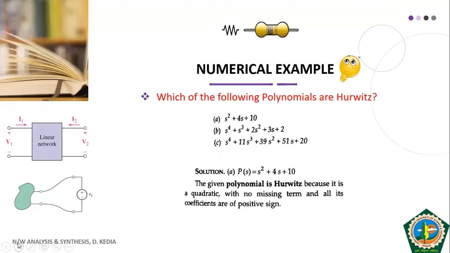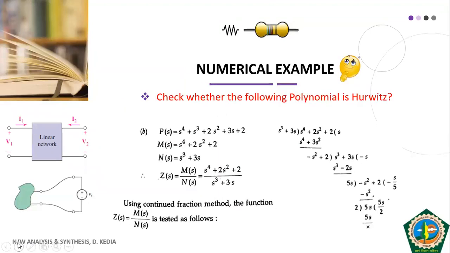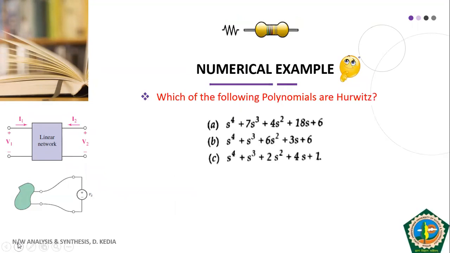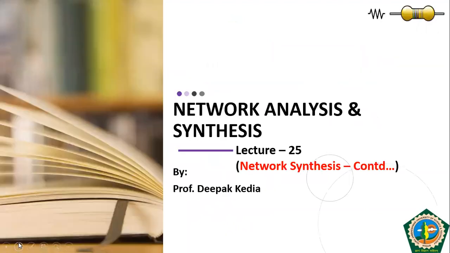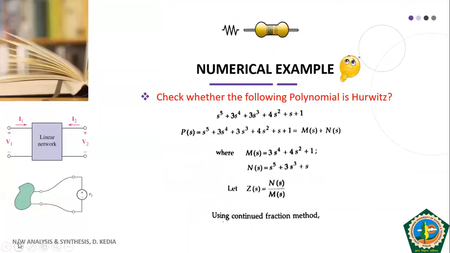This was just to brief you, and we had seen three examples. In fact, I had given you these three questions for your homework also. I hope all of you must have been able to do these numericals. Fine. So now we continue further.